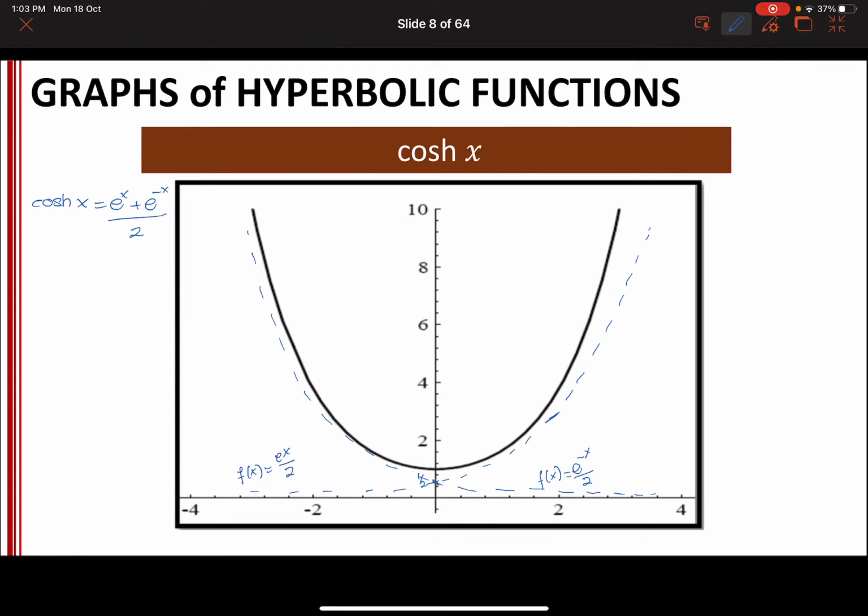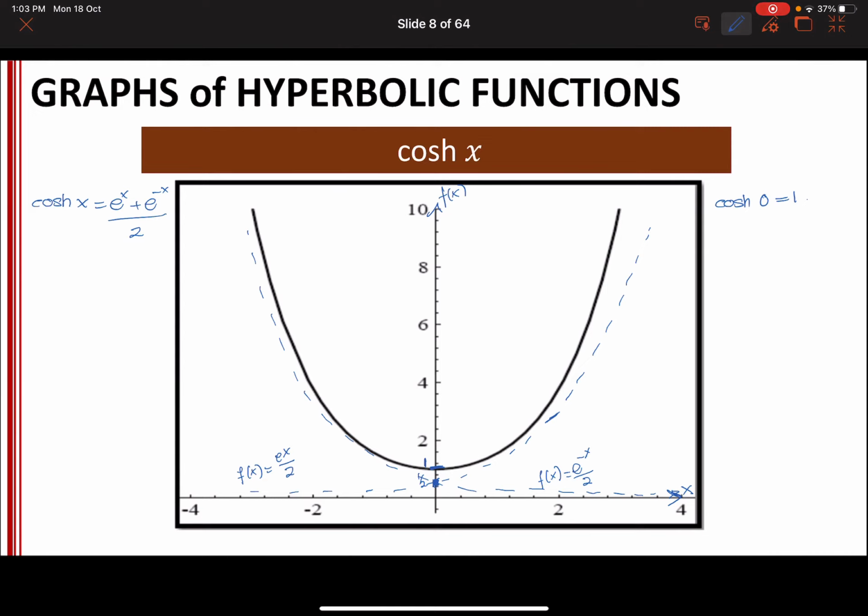So you see, when x is equal to 0, you have f equal to 1/2. So this is your f(x), this is your x. 1/2 plus 1/2, you get 1 here. Same with other points. So from the graph, you can see that cosh 0 is equal to 1.